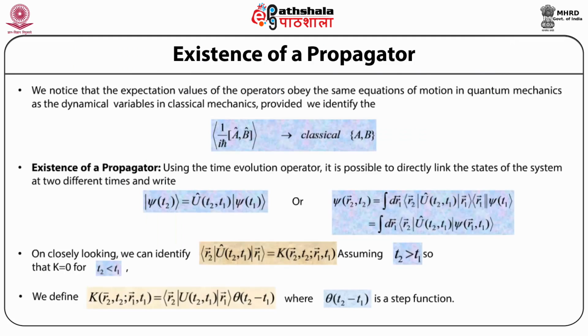We can define the existence of a linear operator U as a function of time t and time t0, called the evolution operator, such that the ket vector psi as a function of time t, denoting the state of the physical system at some time t, is equal to the operator U(t, t0) acting on the ket vector psi as a function of time t0.